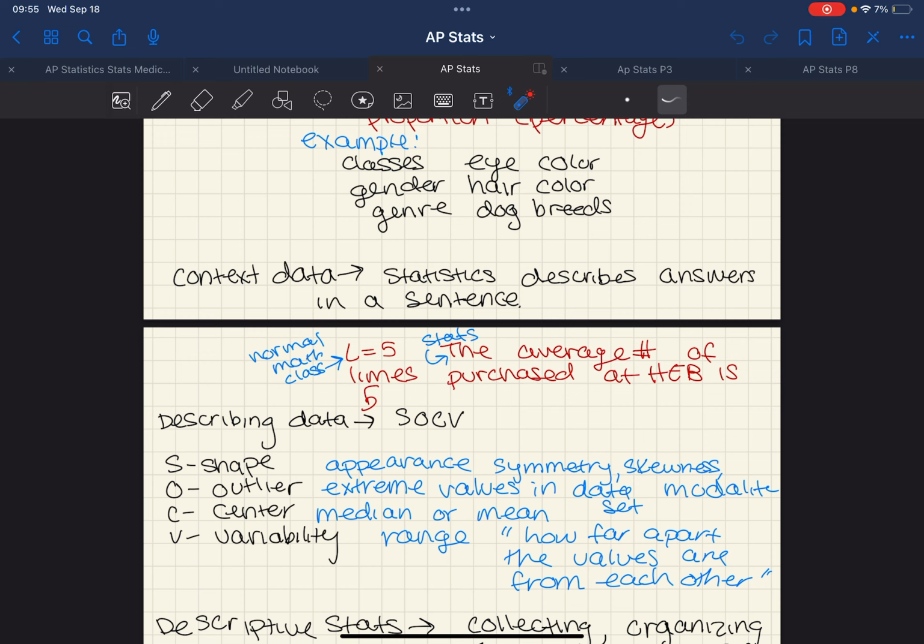But statistics, think of it like the English of math. So anytime we have to answer a question, we have to answer it in a complete sentence using the context of what the problem is about. So instead of saying L is equal to 5, we would say the average number of limes purchased at H-E-B is 5. We'd have to write that whole thing.